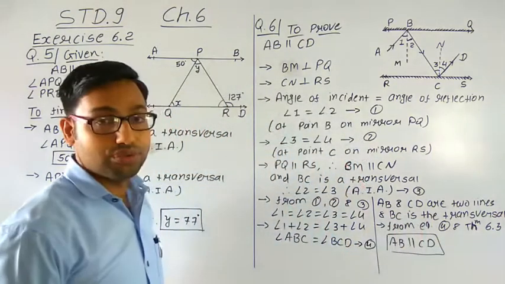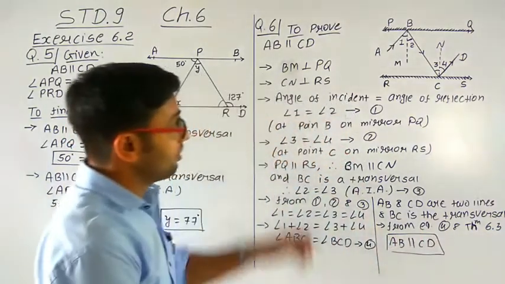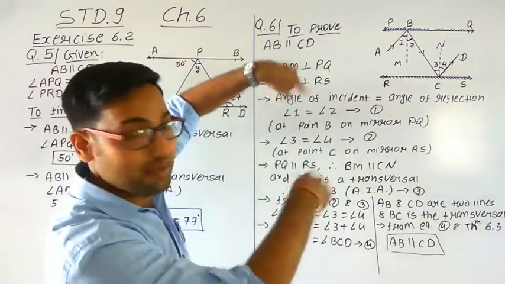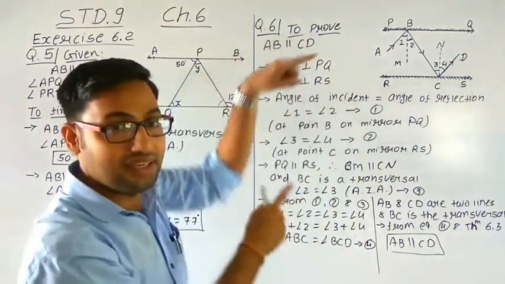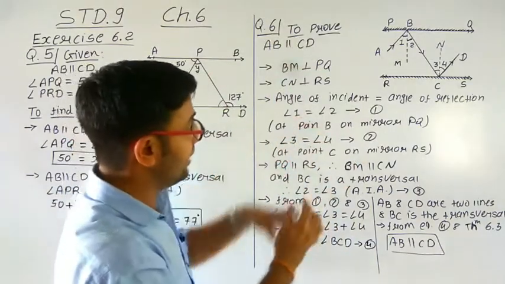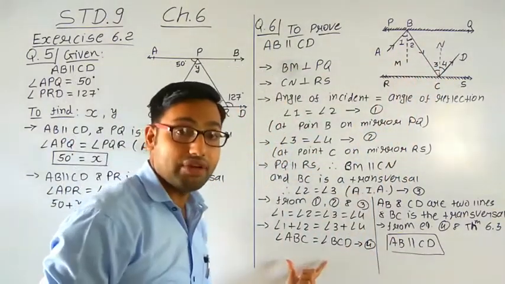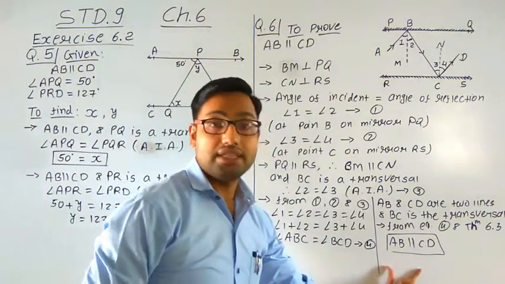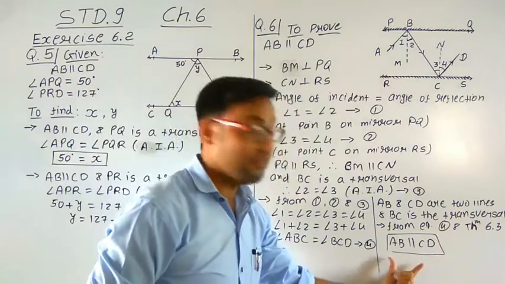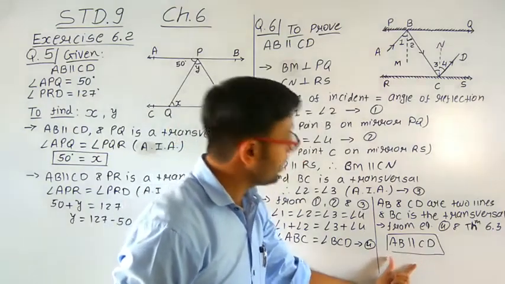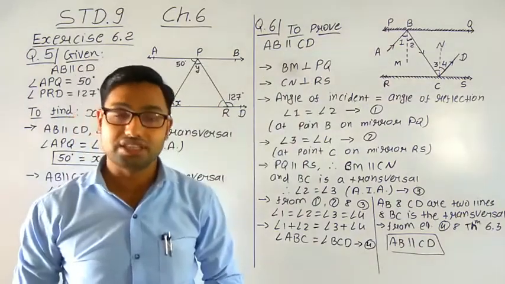The statement of theorem 6.3 is: whenever a transversal intersects two lines, and the alternate interior angles are equal, then the two lines are parallel to each other. So in this way, we prove that AB and CD are parallel to each other.